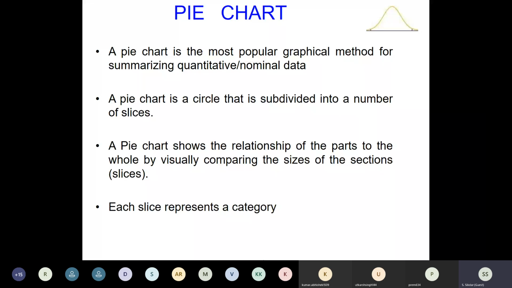So basically visually you have to compare the different sizes of sections, slices, and each slice represents a different category. Just like if I want to compare the different marks of your subjects, the distribution you got. Maybe you got something in strength of materials, something in math, maybe engineering drawing.